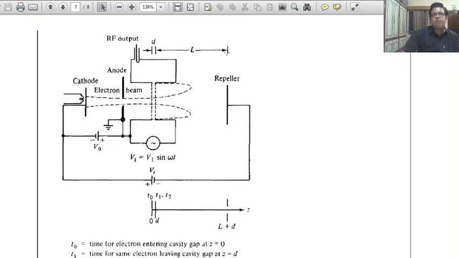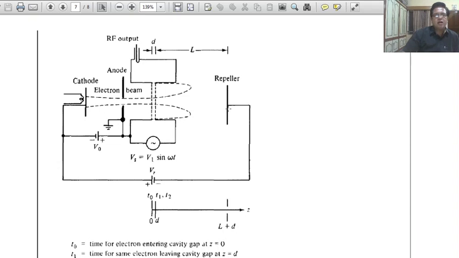From the cavity to the repeller, the space is known as L, the field free space or drift space. A potential VR is applied between repeller and cathode, and a negative potential is given to the repeller. So the repeller repels the electrons. What is the working of the repeller?